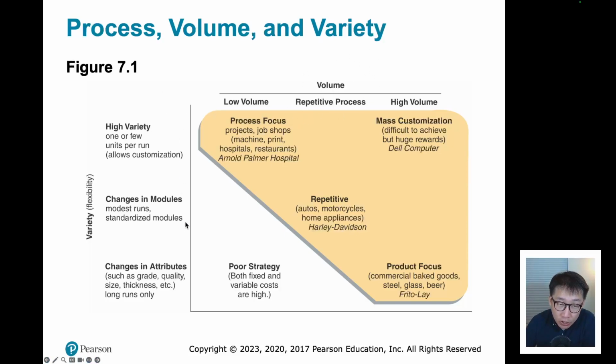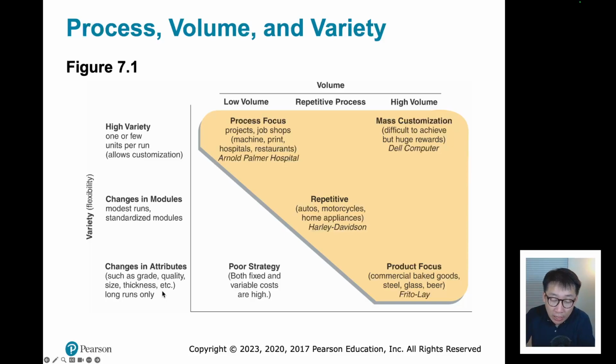And then the other dimension is the variety expectation, the variety needs. So are you looking at high variety output such that you are going to be delivering a unique product for each customer that you're serving, or you're basically serving the same things to all the customers that you're serving?